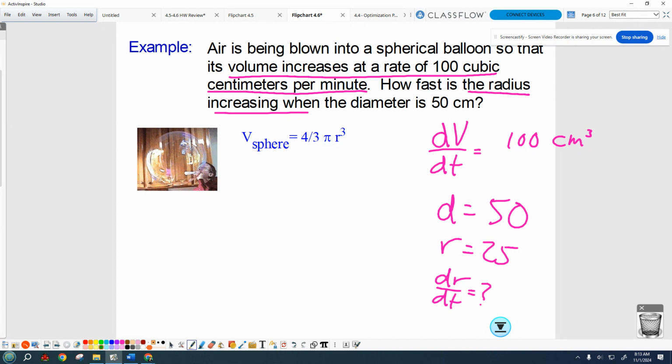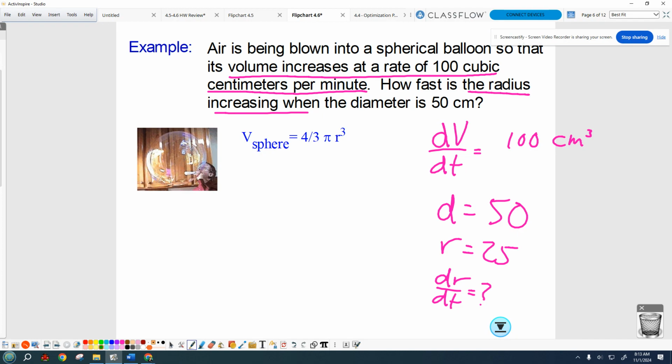Is volume 100? No. But I do need to use the volume equation. What, in a calculus class when we've just learned derivatives, do you think we should do with it? Yeah, with respect to what? Time or radius? Which one are we gonna do?